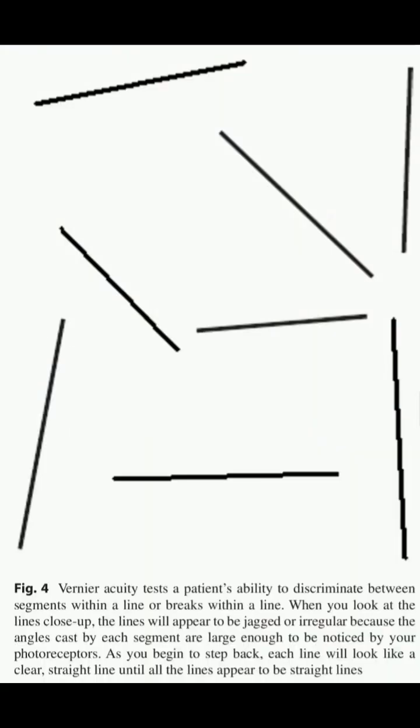Visual acuity testing is all about the minimal threshold that can be appreciated by the human eye. So vernier acuity tests acuity at 2 to 3 arc seconds. See, the minimal resolvable angle is limited by the cone's dimensions, 1.5 micron.